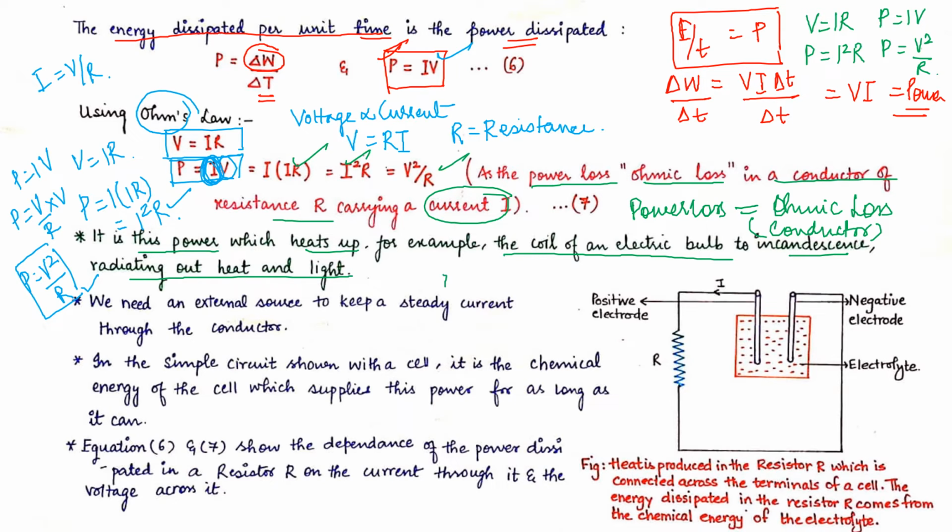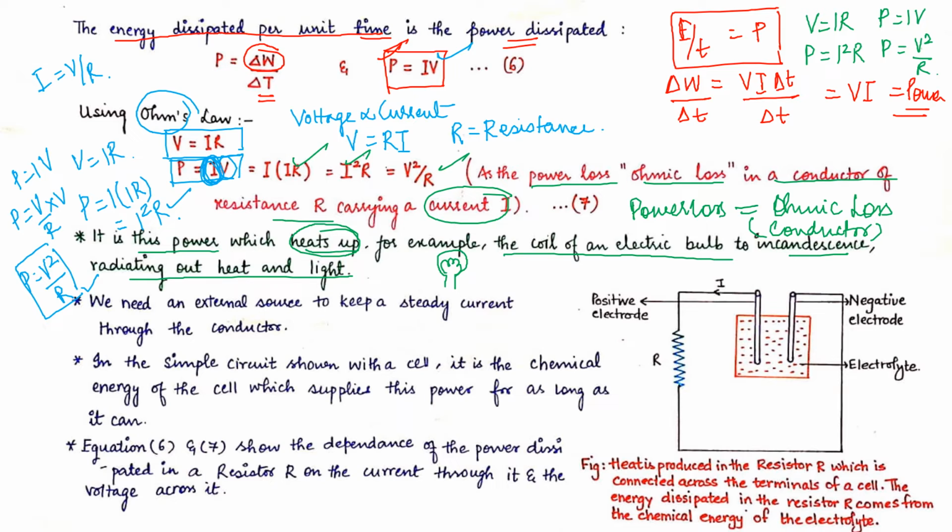You have seen the olden bulbs, where we have a tungsten filament in the bulb which heats up and the light comes. This heats up due to this heat only, the heat which is generated as a product of electrical energy. So this is one of the best examples of using electrical energy in any system.